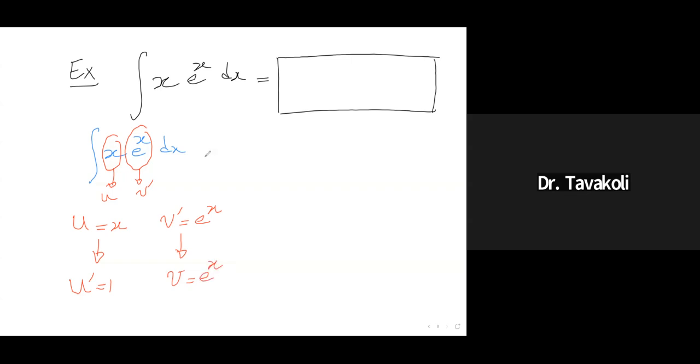So this integral using integration by parts is u times v, so x times e to the power of x, minus the integral of u prime v. u prime is 1, doesn't do anything, times v. v is e to the power of x.